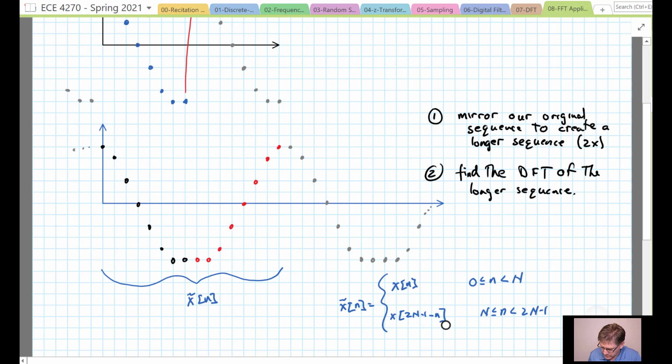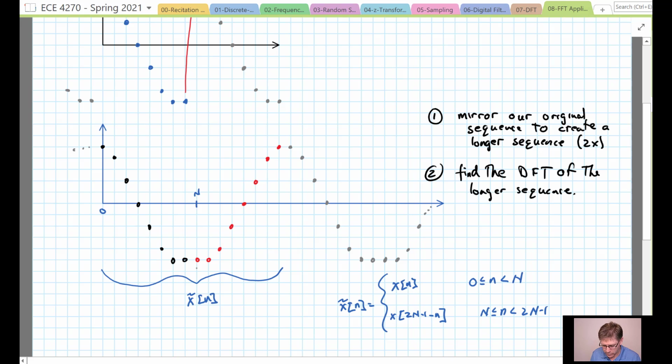So look at this for a second and convince yourself that this works. If n is equal to 0 to N minus 1, x tilde is just going to be equal to x of n. So we haven't done anything fancy. Once we're equal to N, then 2N minus 1 minus n is going to be N minus 1, which is that one.